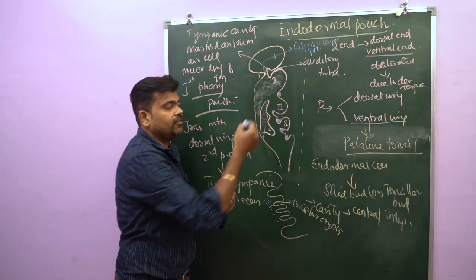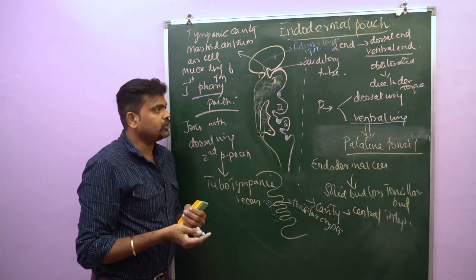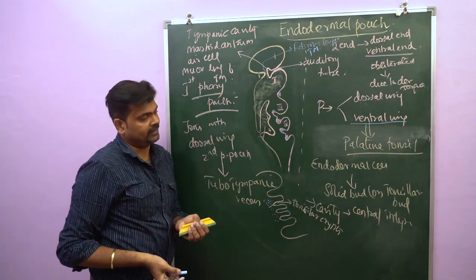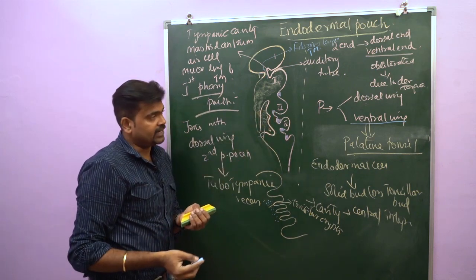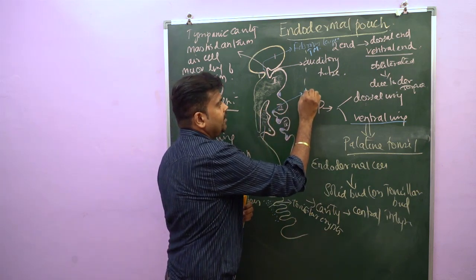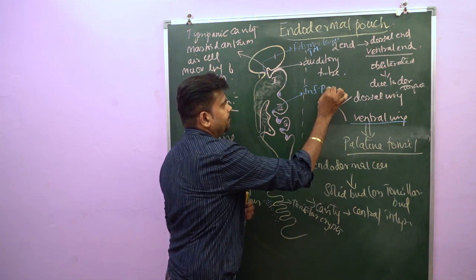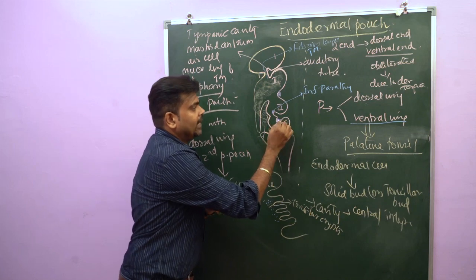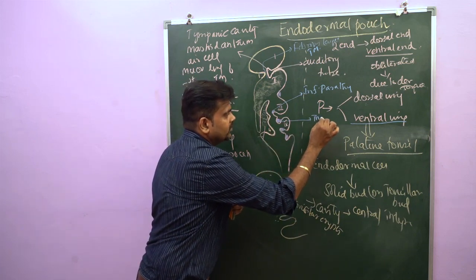Next we'll go for the third pharyngeal pouch. The dorsal end of the third pharyngeal pouch is again divided into a dorsal wing and a ventral wing. The dorsal wing gives rise to the inferior parathyroid gland. And what about the ventral wing? The ventral wing gives rise to the thymus gland.